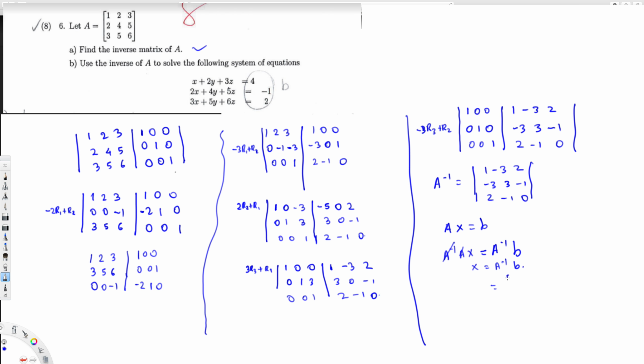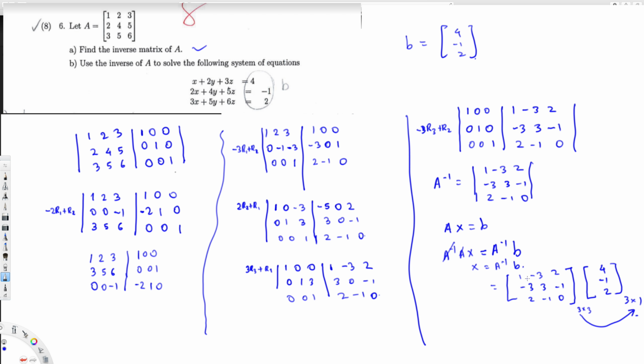It's going to be 1, -3, 2, -3, 3, -1, 2, -1, 0, and this is our B. B is going to be equal to 4, -1, 2. So I copy this here, and we are going to multiply. So this is a 3 by 3 matrix, and this is 3 by 1. So my final answer is going to be 3 by 1.